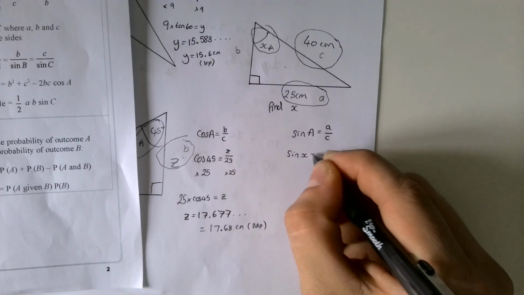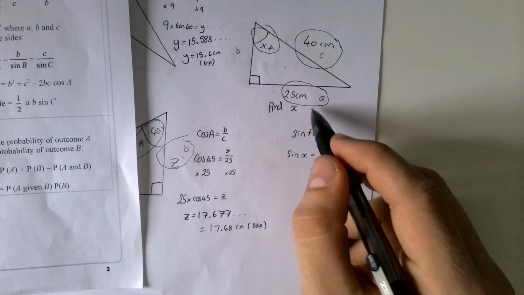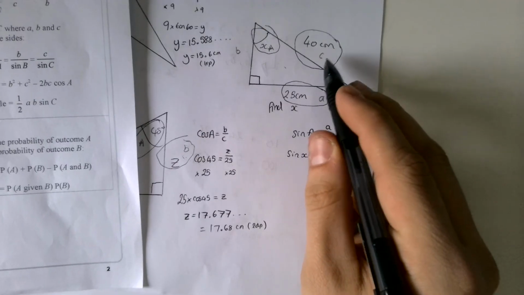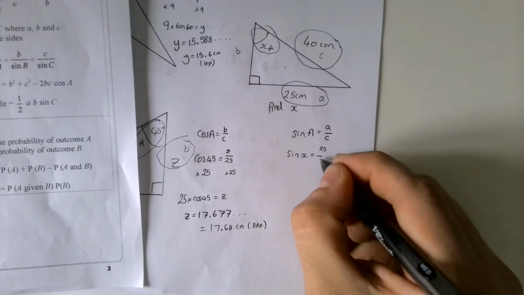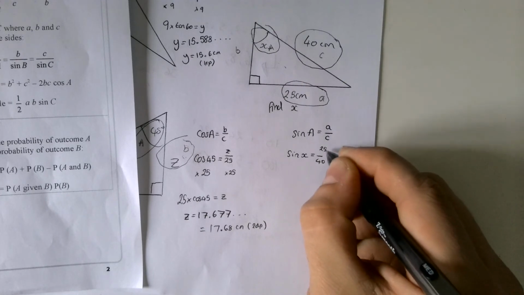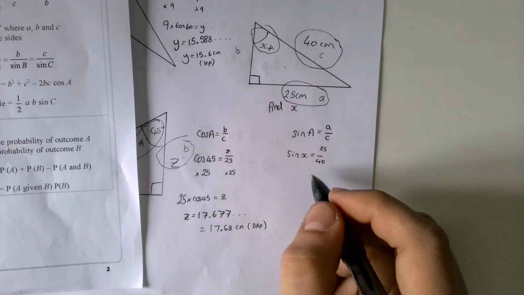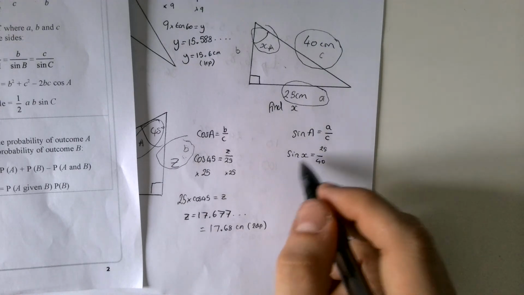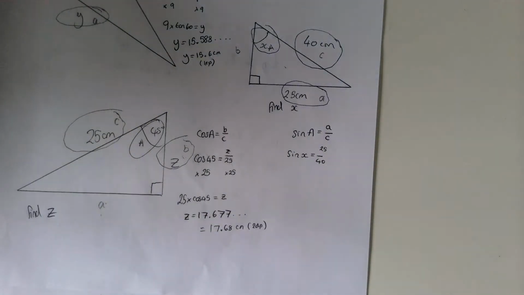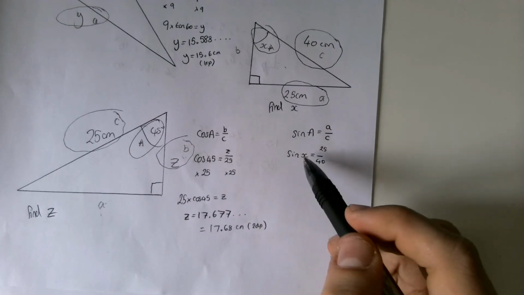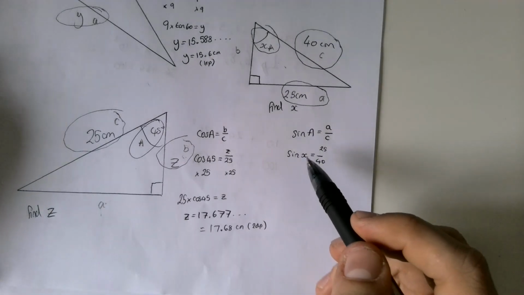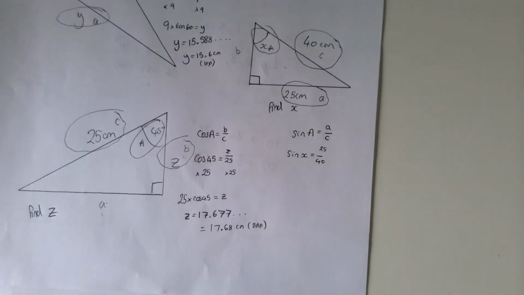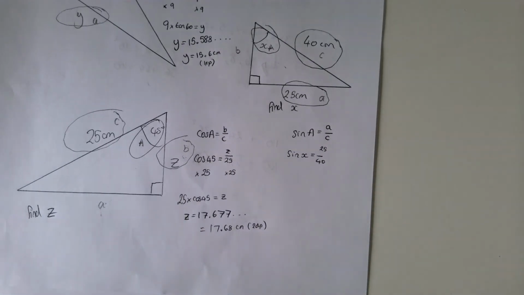The question calls it X. I know that lowercase a is 25, and I know that lowercase c is 40. So I've just subbed those values in. Now, just remember, we can work out straight away what the sine of our angle is. We can do 25 divided by 40 and it's going to give me the sine of my angle. But that's not what I'm being asked for. I'm wanting the actual value.